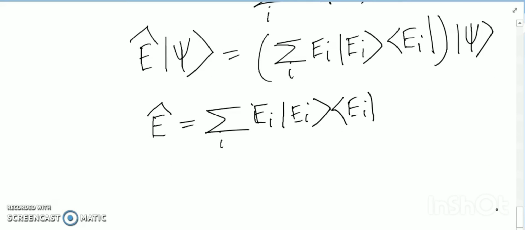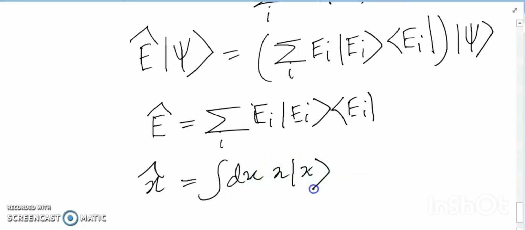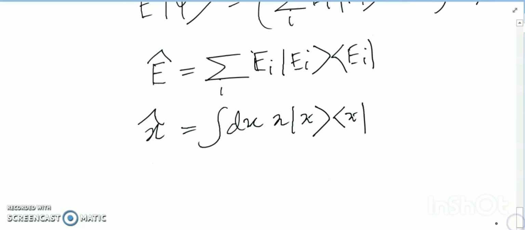So we have found that an observable can be written as a sum involving its eigenstates and real eigenvalues. If we have an observable with a continuous eigenbasis, we can follow the same logic. When it is continuous, it is not a sum, it is an integral dx over x.